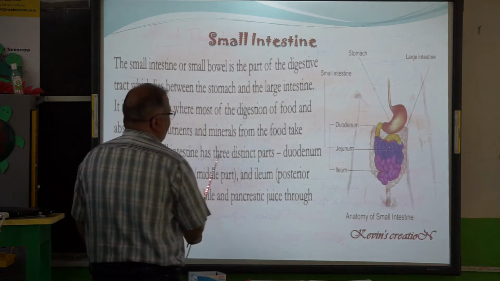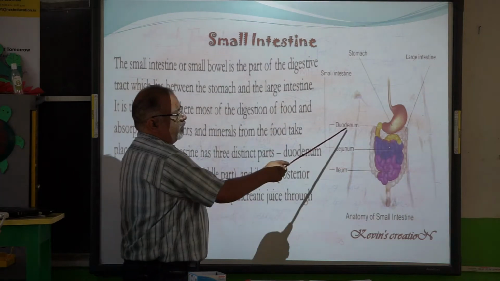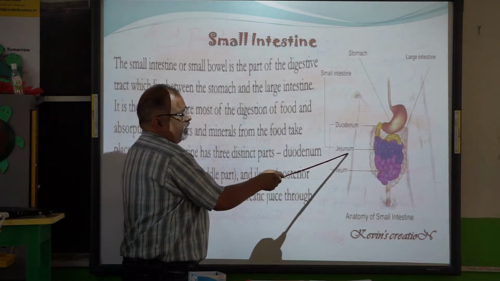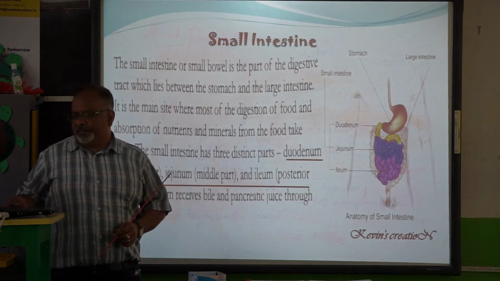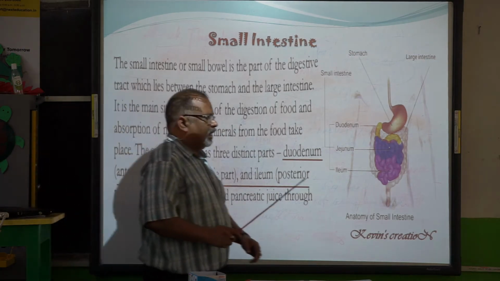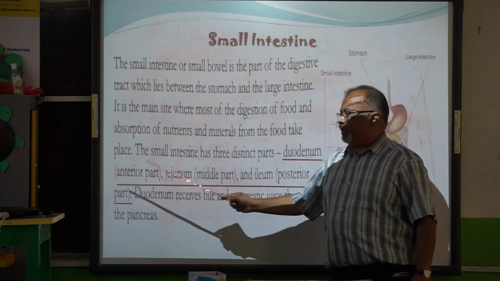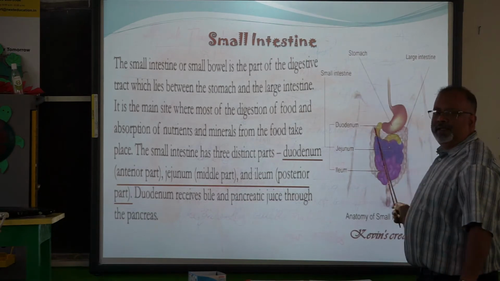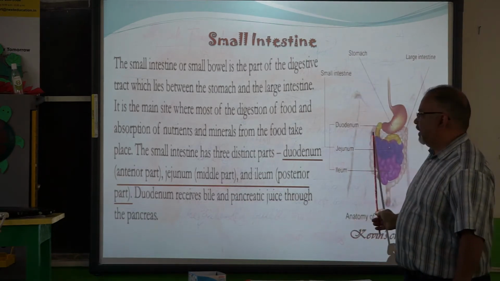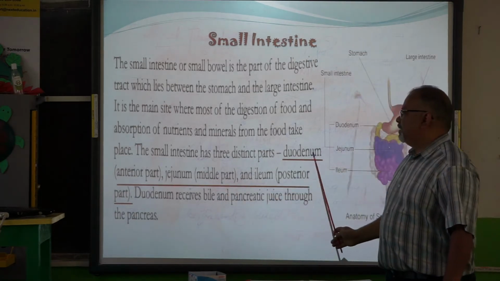The small intestine has 3 distinct parts. What is that? Duodenum, jejunum and ileum. So these are the 3 main parts. Duodenum, that is the anterior part. This one, the curved one which you see, yellow one, this is duodenum. This is the first part or the anterior part, we call it duodenum.